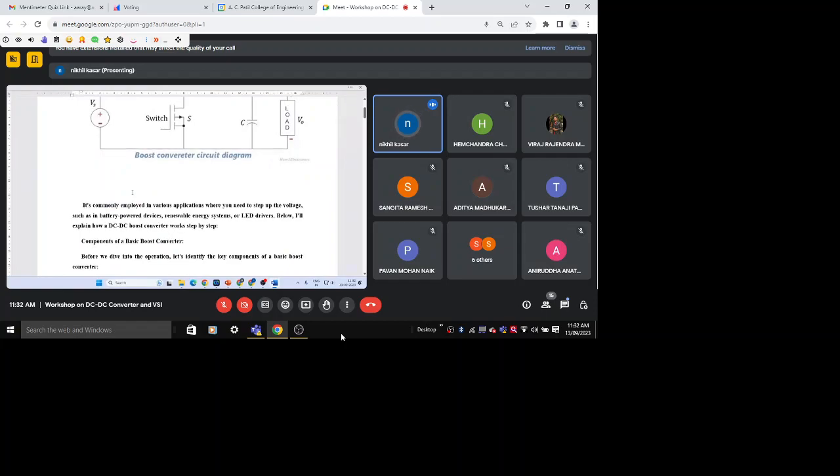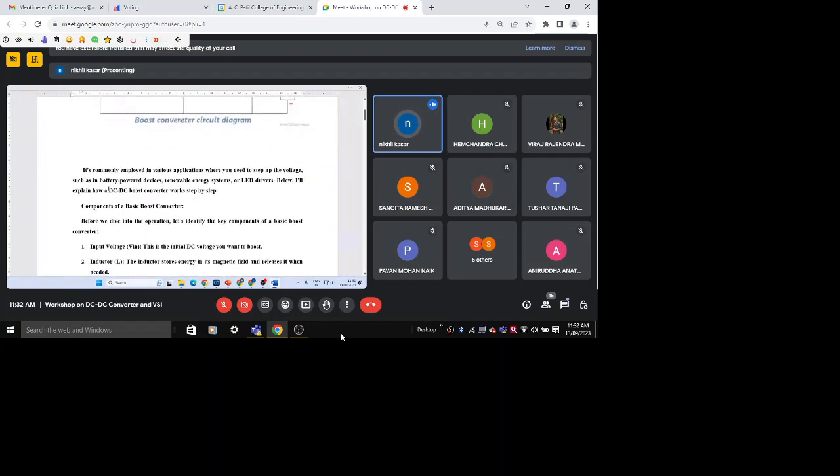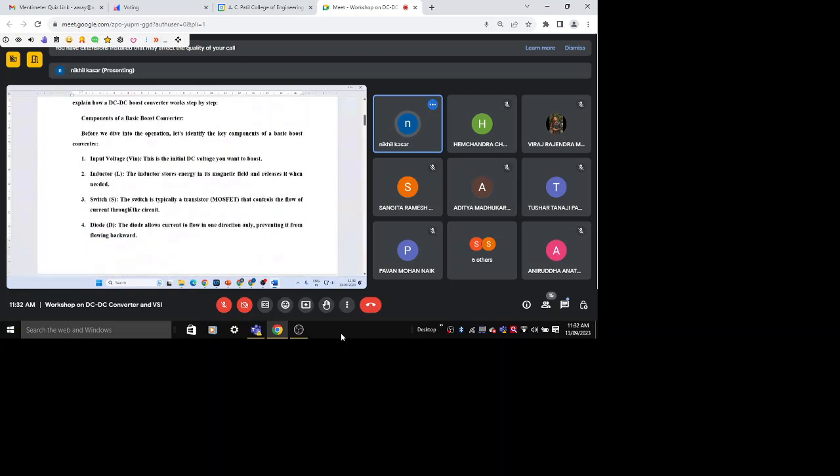Now, how does this circuit work? As I just said, in various real life applications, battery powered devices, renewable energy systems, or LED drivers, we require a boost converter. Now, what are the components of the boost converter that I have discussed just now? There is the initial DC voltage that you want to boost. Then there is an inductor at the source side.